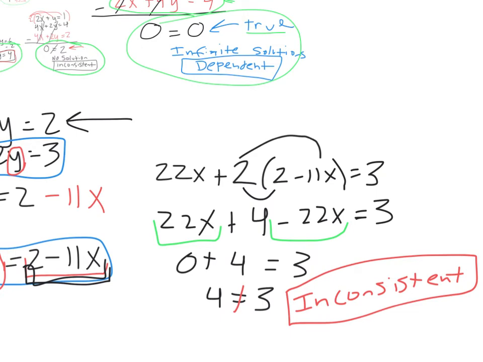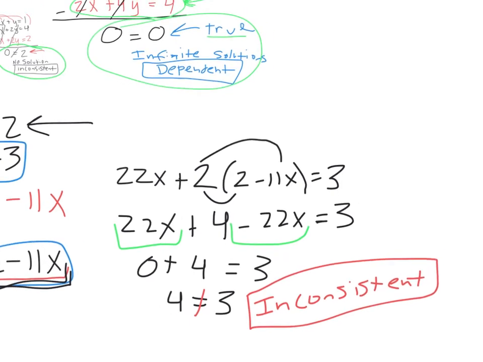If you remember, that means that it's inconsistent when our variable drops out and the statement is false. And an inconsistent system of equations means that those two equations have the same slope, but they have different y-intercepts, so they're parallel to each other, and they're never going to touch. Let's do another one.